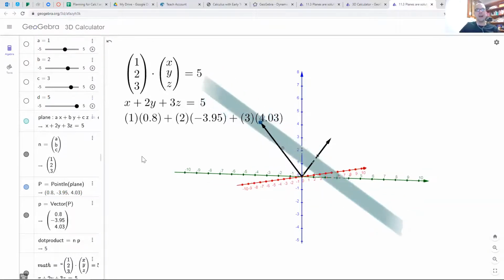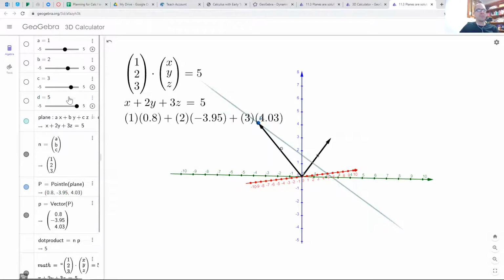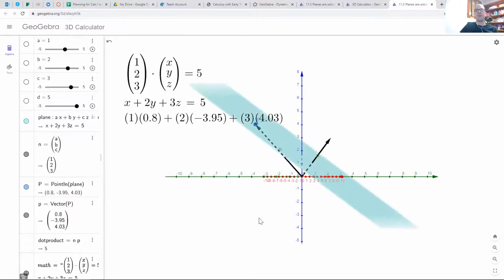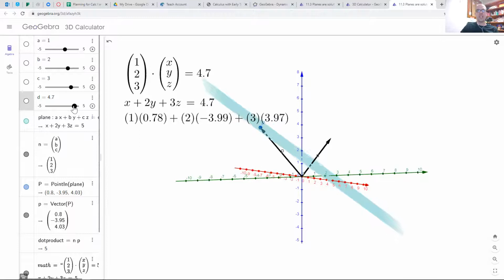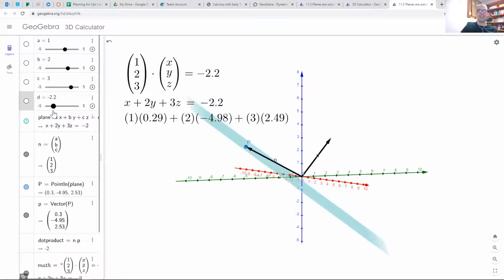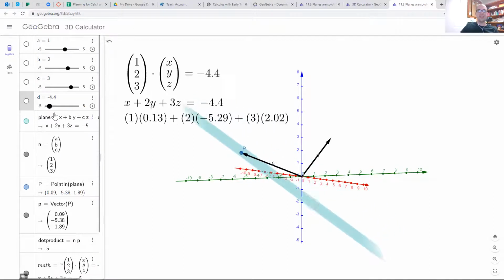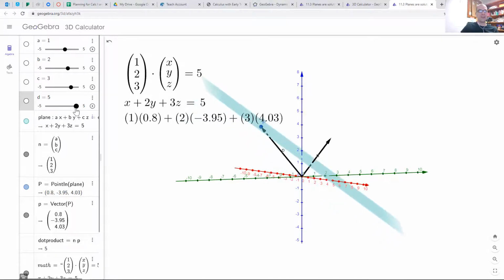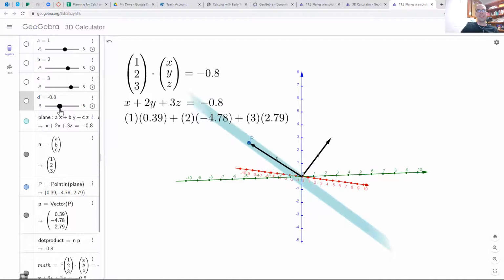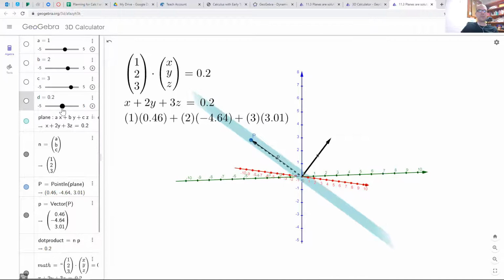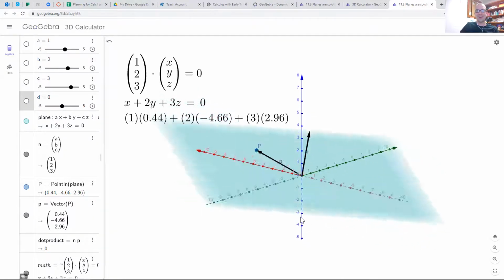And I can change any of these just by changing these sliders. One of the most interesting things to look at would be changing d, because when we change d, that means we're shifting the plane along the direction of the normal line. And if we make d equal to 0, ooh, so close. Okay. It means that the plane goes through the origin.